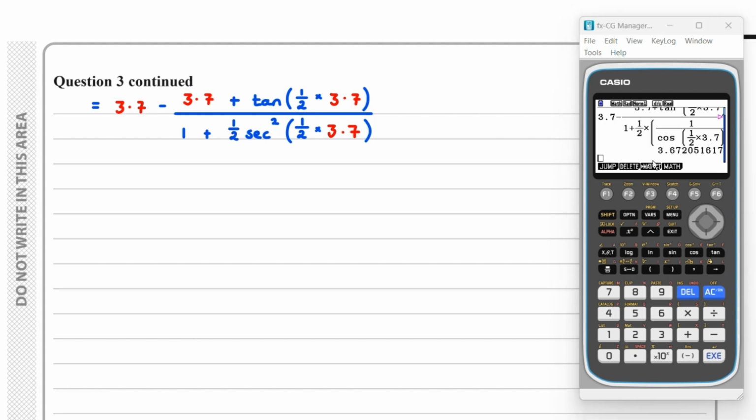So what we end up with is 3.672051617. So to 3 decimal places, we would have 3.672.